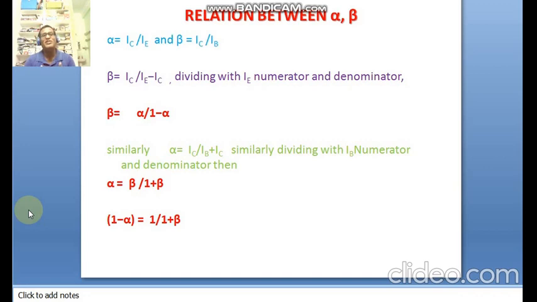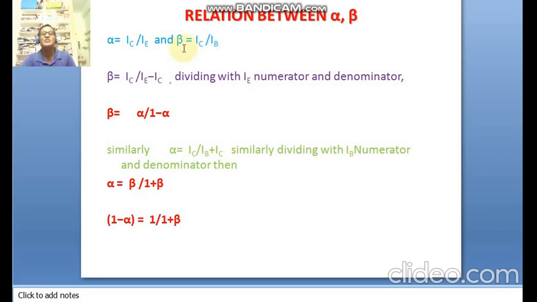We can consider AC also, but in this case I am considering alpha DC. Alpha DC is simply represented by alpha also. Alpha is equal to IC by IE when no source is connected in the input. Similarly, beta is nothing but beta DC. Here beta DC is also represented when there is no current source connected in the input circuit.